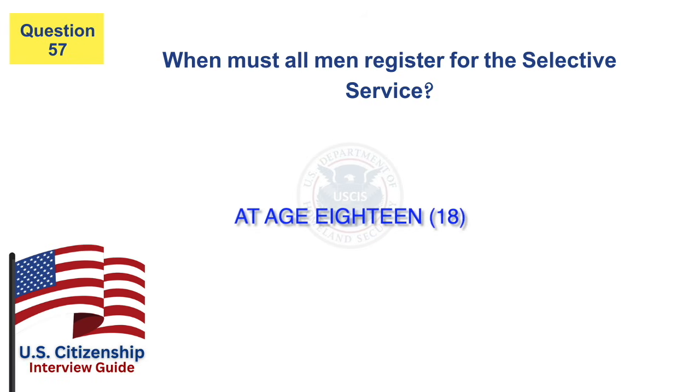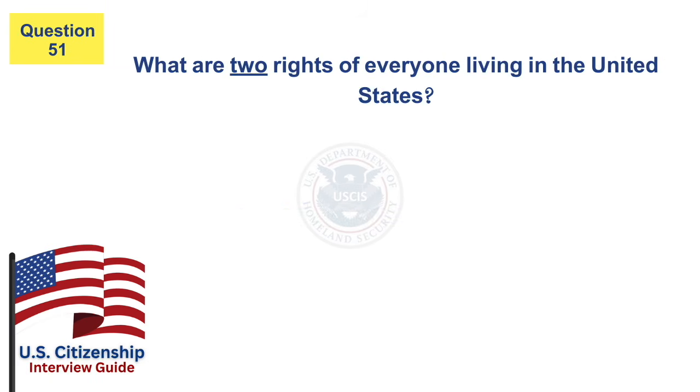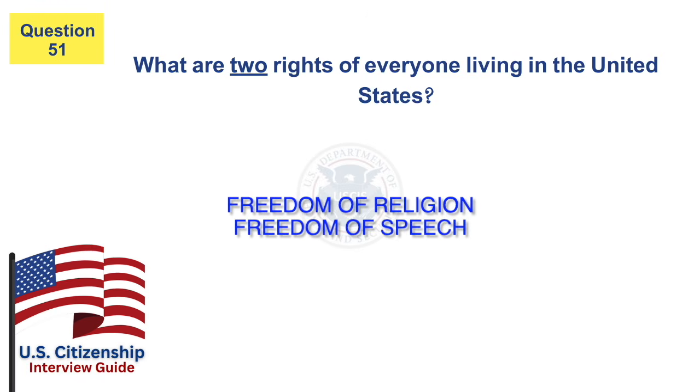At age 18. What are 2 rights of everyone living in the United States? Freedom of religion. Freedom of speech.